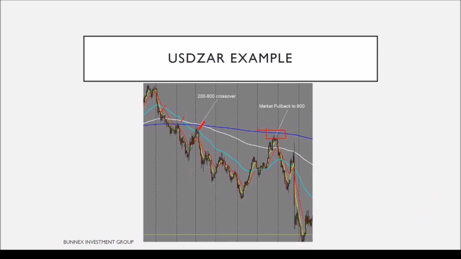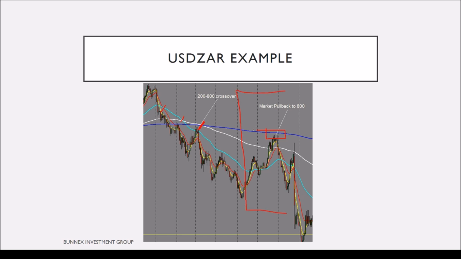At this point you can see that we had a 50-200 crossover, but the valid crossover was the 200-800 because it was the last crossover amongst all these. So the first thing that you need to do is see this crossover and anticipate where the market is going to go. So this was all future play.